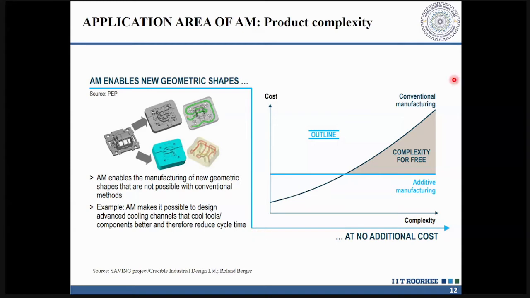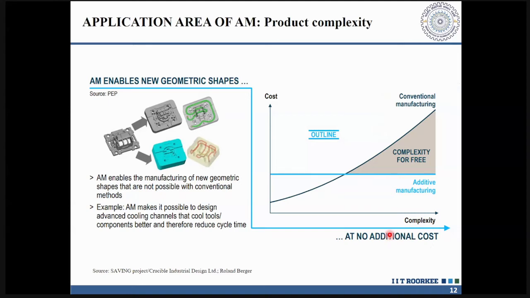It is increasing at a very fast pace, very steep. Creation of a 10 mm hole and creation of a 1 micron hole may require an altogether different machine, rigid machines. The tooling cost, and the vibrations that have to be dampened, make the conventional manufacturing cost very large as the complexity of the product increases.